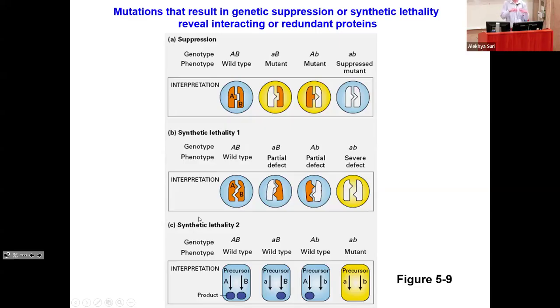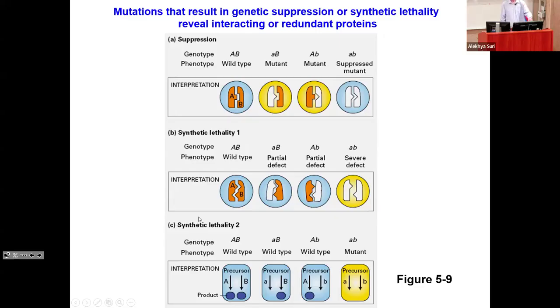You may not reach the level of wild type, but suppression means the combination of the two mutants in one organism or cell may result in a better condition compared to the single mutants, but they may not reach wild type level.